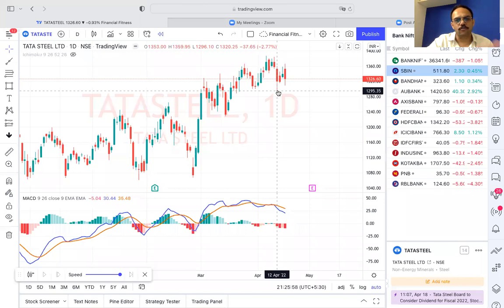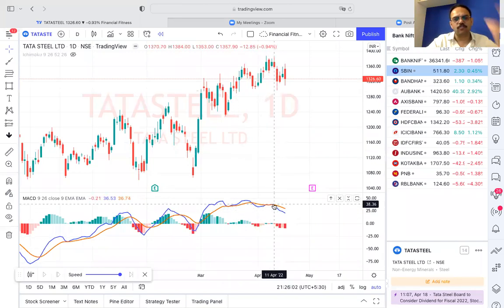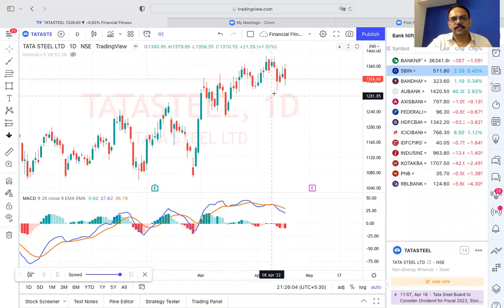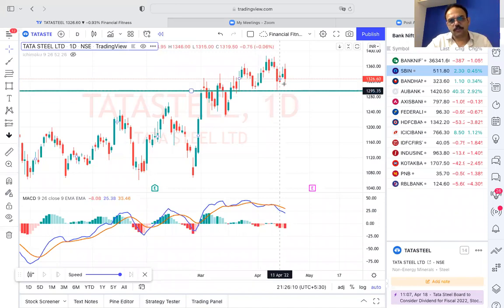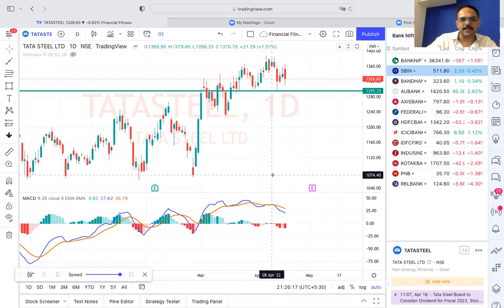If you want to reverse whatever I have shared, you can reverse it because it is above zero. It has crossed down. This is the candle which has made it cross. So if it goes down below this line, it is likely to come down till the nearest support, maybe till here. If it is going up, it might move sideways.